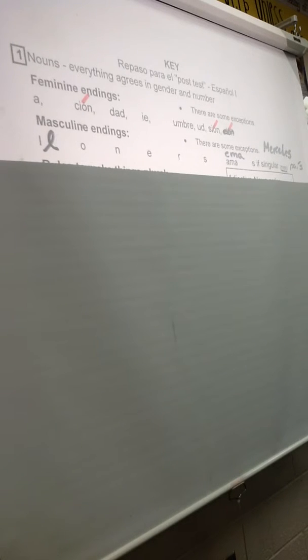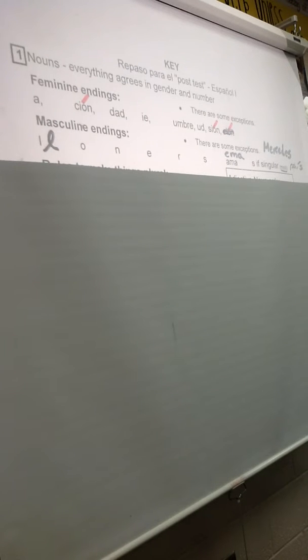Remember that you can do it the cheating way of figuring out if a word ends in L-O-N-E-R-S if it's singular. For example, the word país that we had in our vocab, the word Mercedes is one girl. A lot of people get confused by that one. The word mes is one singular month. So if the word ends in an S and it's singular, then it's a masculine word.